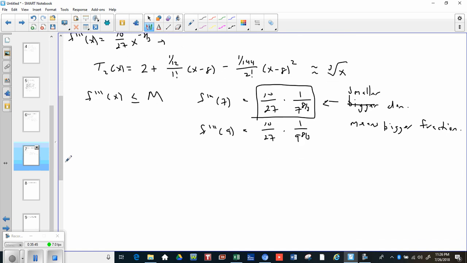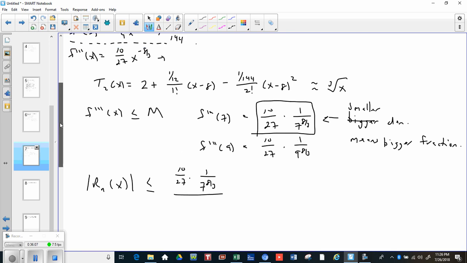So now all we really have to do is plug this thing in. I know that the absolute value of my remainder of my second degree Taylor polynomial has to be less than or equal to, this is our m value, 10 over 27 times 1 over 7 to the 8 thirds, over the next term.